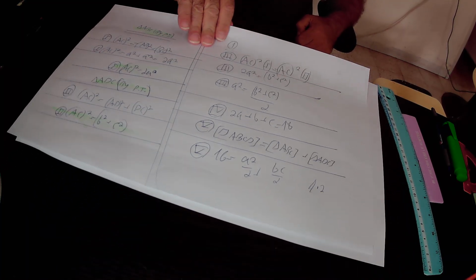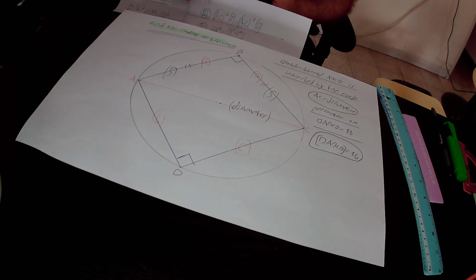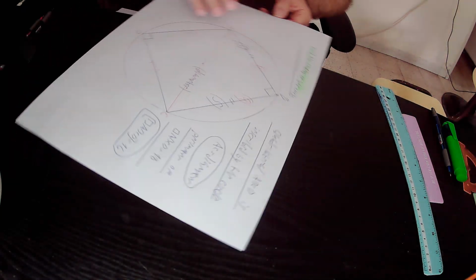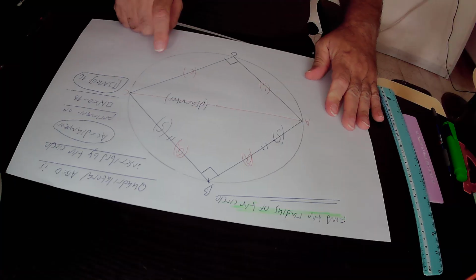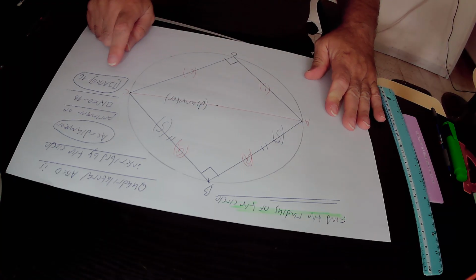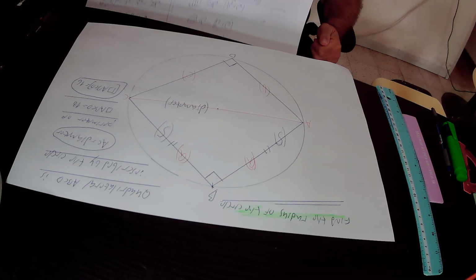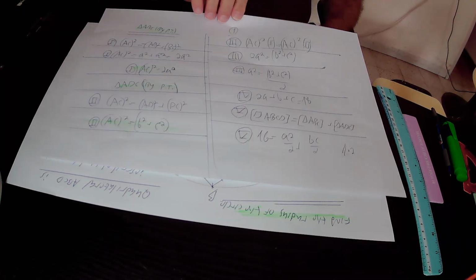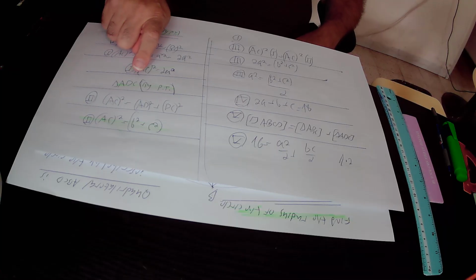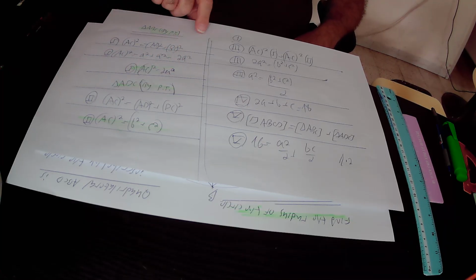In the next step, we implement the Pythagoras theorem on this right triangle ADC. According to the Pythagoras theorem, AC square, that is the square of the hypotenuse, equals AD square plus DC square.